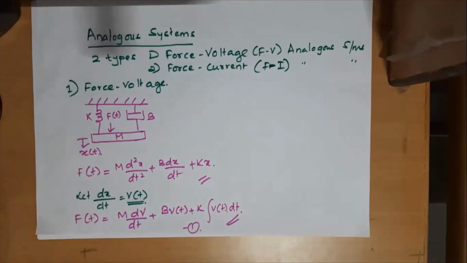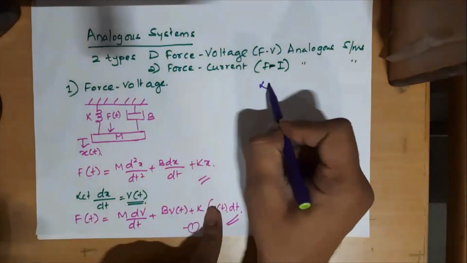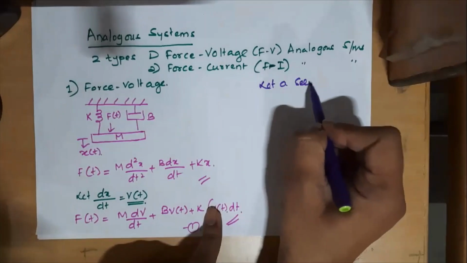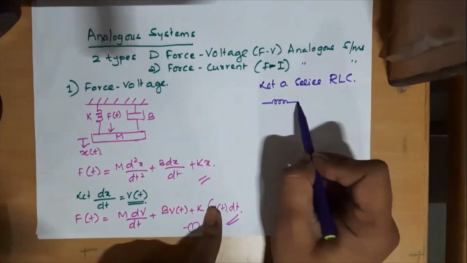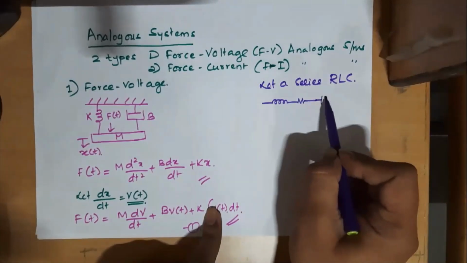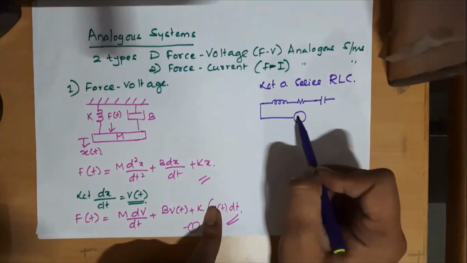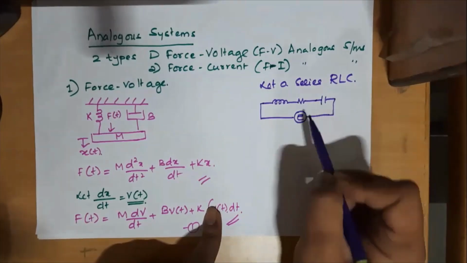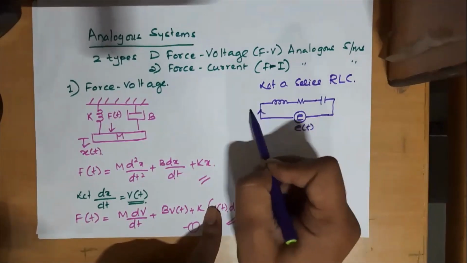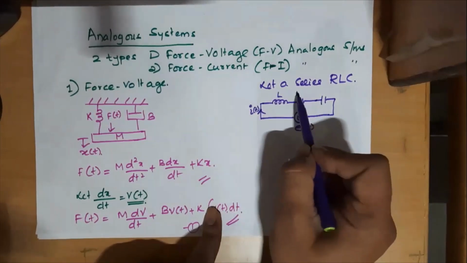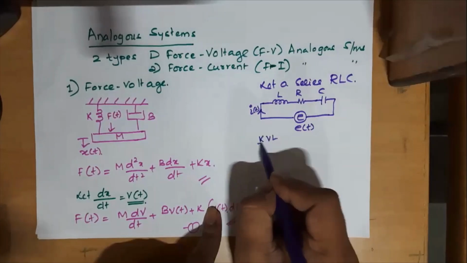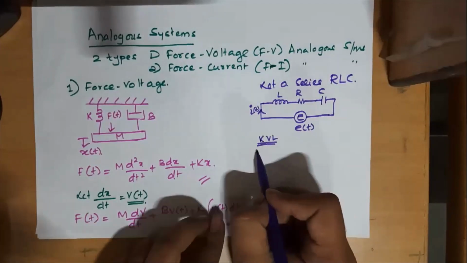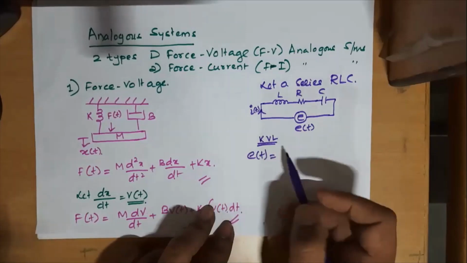Then we have a series RLC circuit. Let me call the source voltage as E of t and the current flowing as I of t. Let me apply Kirchhoff's voltage law straight away.